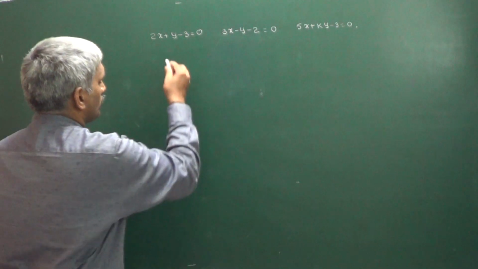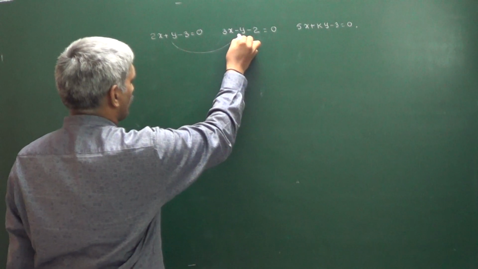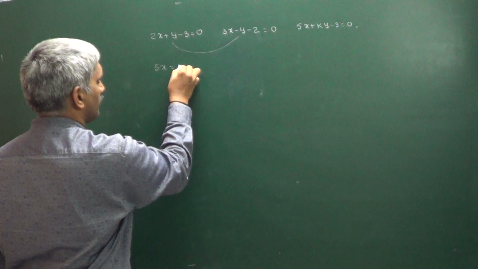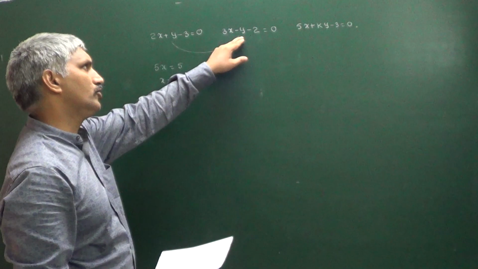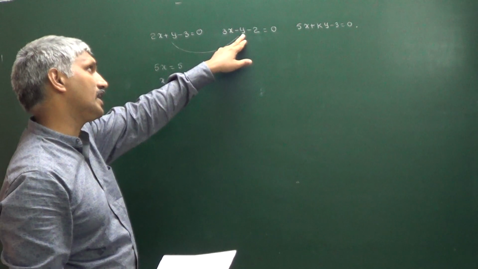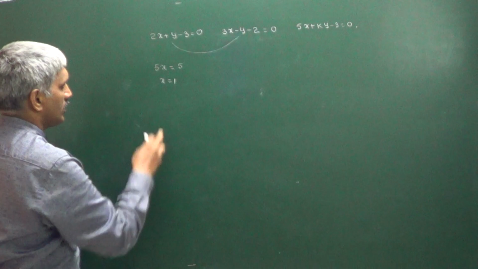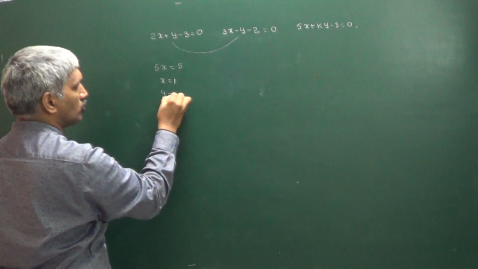How to find out? You know how to solve these two equations. Add these two equations, plus y minus y cancel. We get 5x equals 5, therefore x equals 1. Substitute x equals 1 here, you will get y equals 1.